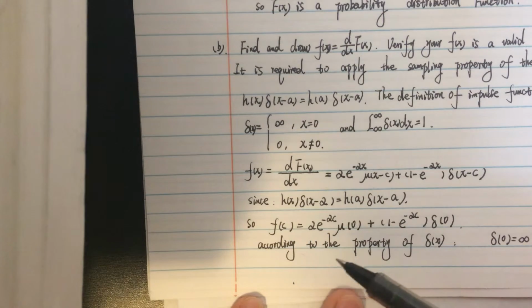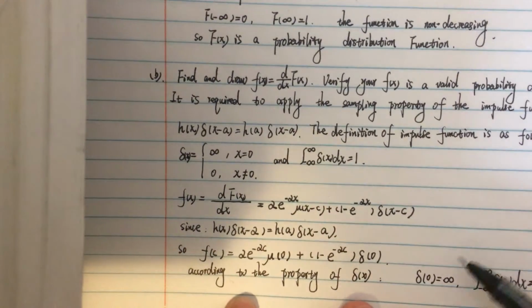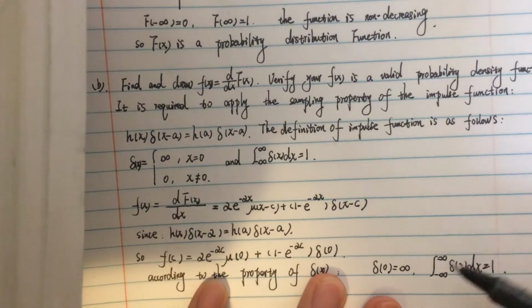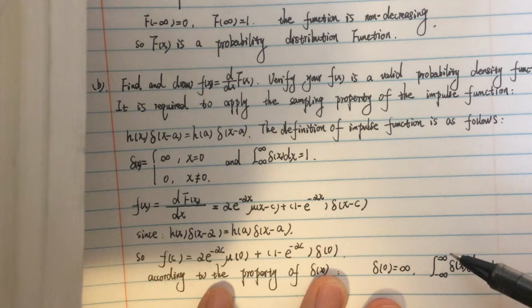And according to the property of the delta function, delta(0) equals infinity, and the integral of delta(x) from minus infinity to infinity equals 1.